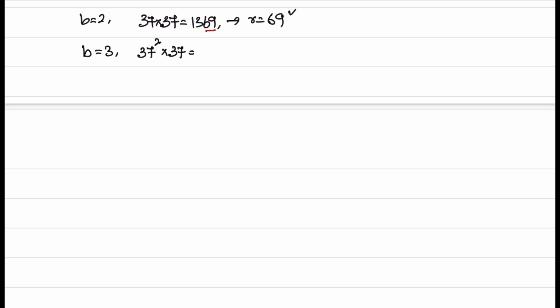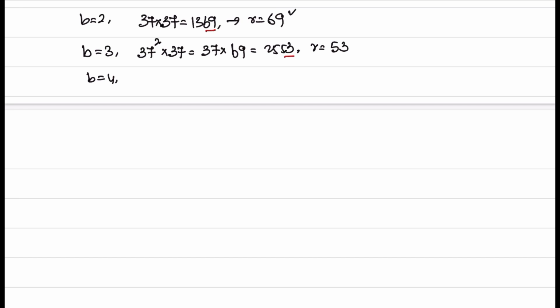So 37 square times 37 means 37 into 69. Its value is 2553, which we can do without a calculator very easily. The remainder is 53. When b is equal to 4, what are the last 2 digits?